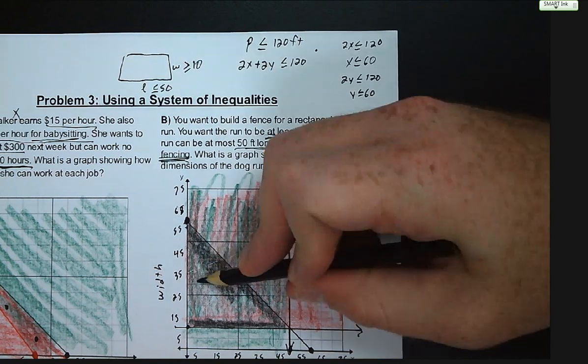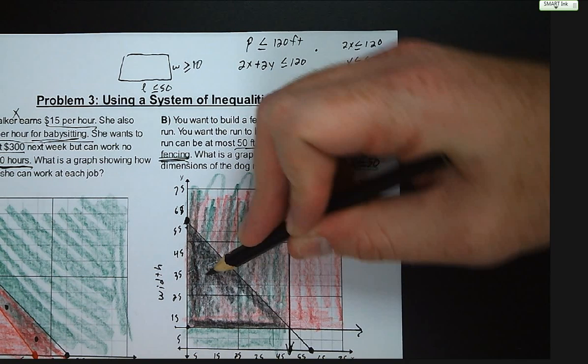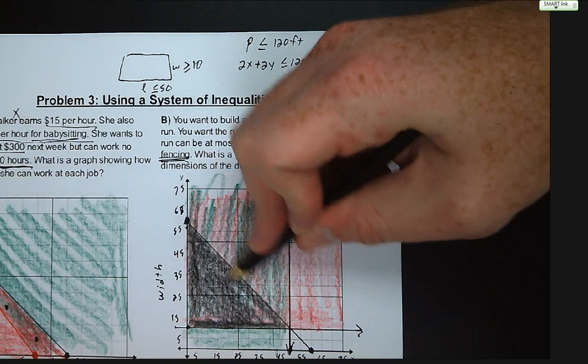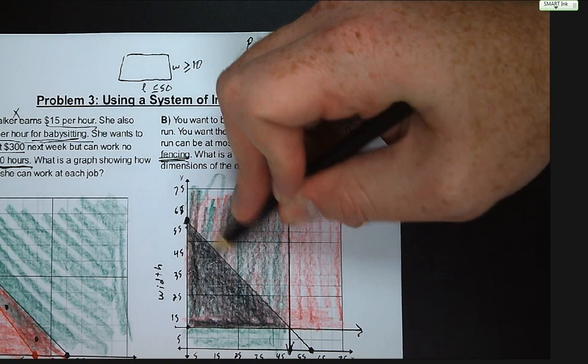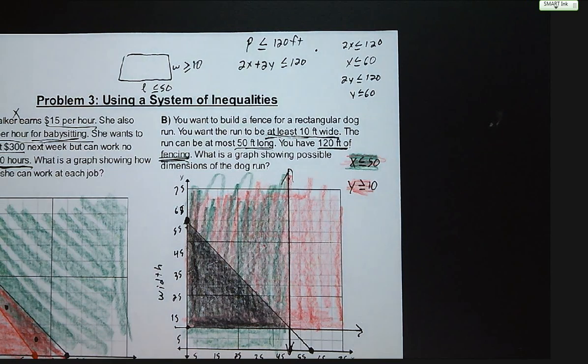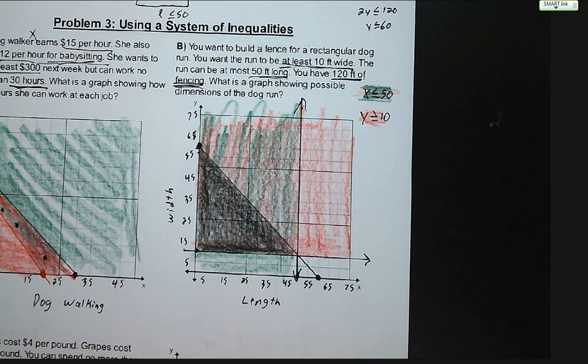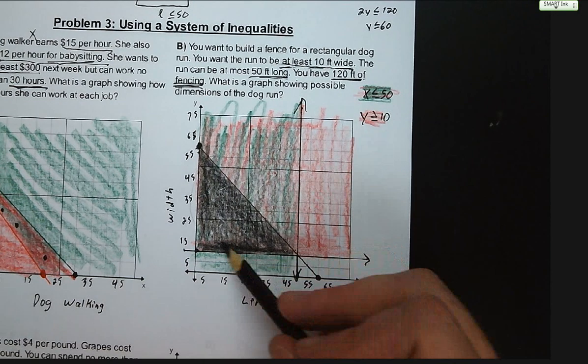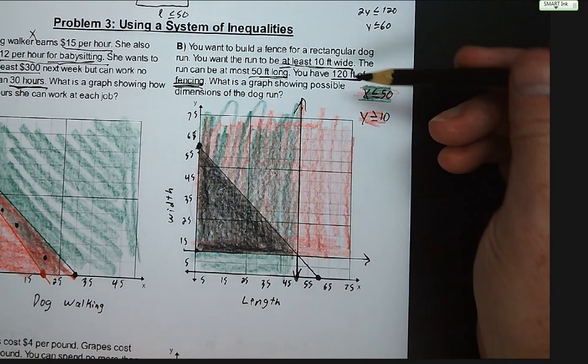This is an area that has all three of our limits included. So that black section that's shaded there, that is the section that any one of these points will make all three of our criteria true.